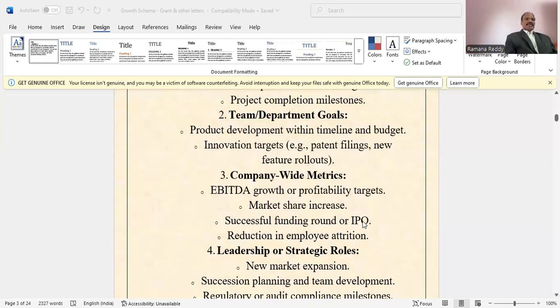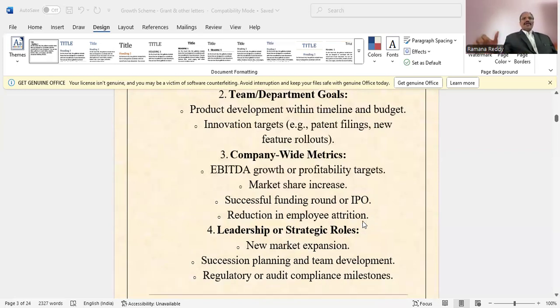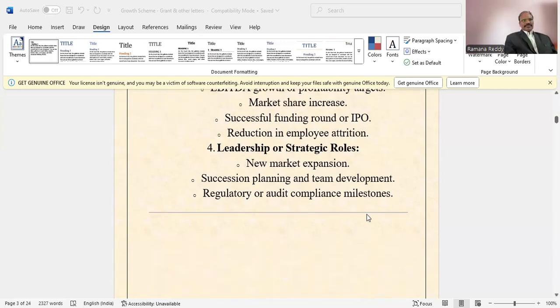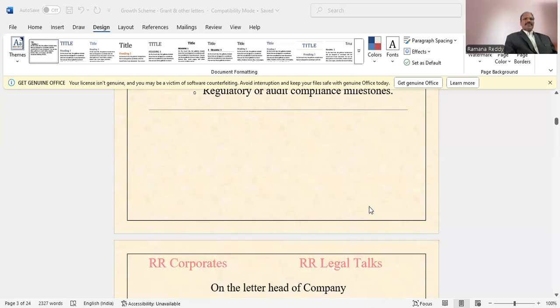Another target is leadership or strategic roles: new market expansion, succession planning and team development. Regulatory or audit committee milestones, like this is for the legal team or secretarial team. These are all performance-linked, ESOPs linked with the performance.